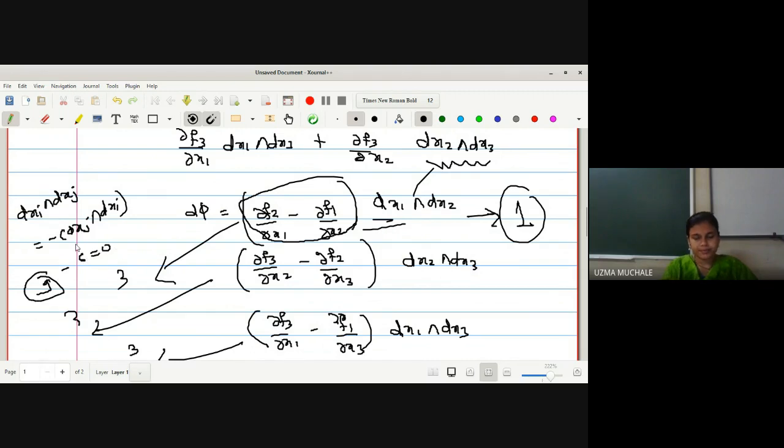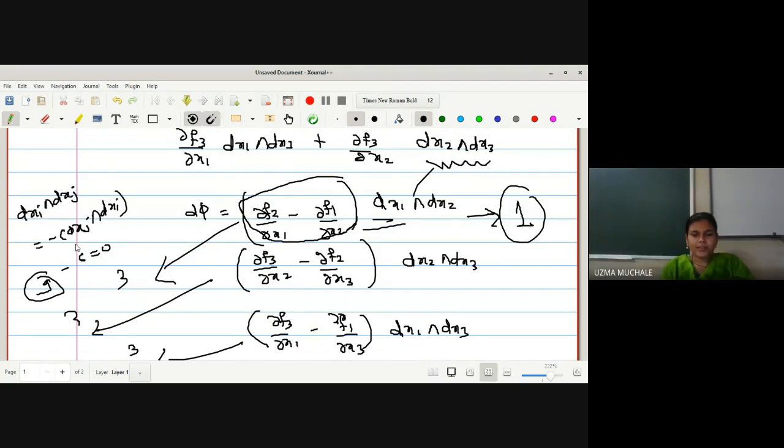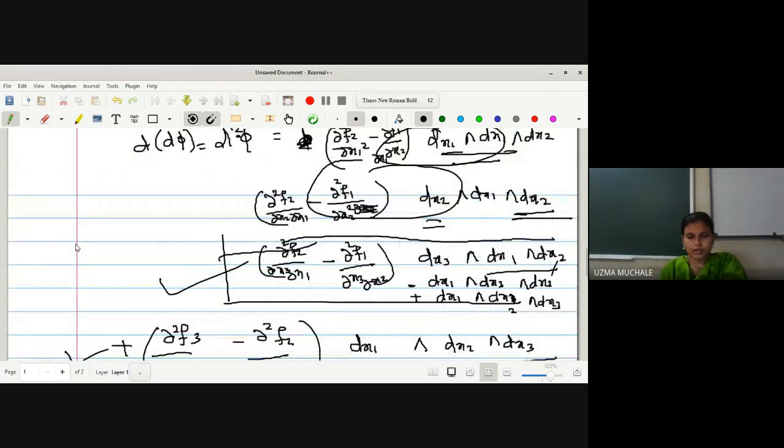Getting me? Yes, ma'am. See very carefully, you have to see this because I don't know how many of you are writing this. So just see very carefully so that you can understand what I am writing here. Otherwise, when you go for study, whenever you are having the internal or external exam, it will be difficult for you.